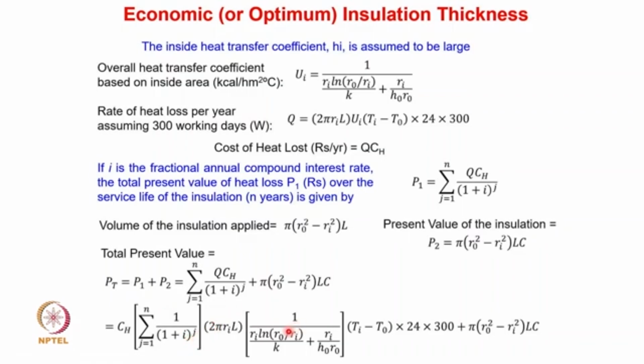This is nothing but the discounting factor, multiplied by 2 pi Ri L. This is nothing but the circumferential heat transfer area, into U. The equation of U is given as 1 upon [Ri ln(Ro by Ri) divided by K plus Ri by (h0 Ro)], into delta T. That is Ti minus To, into 24 into 300, plus pi (Ro squared minus Ri squared) into Lc.